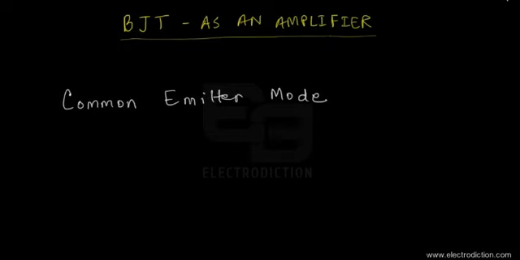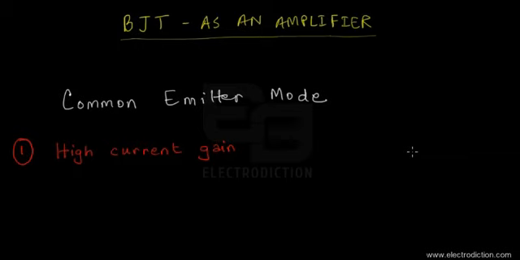Reason number one. The common emitter mode provides a high amount of current gain, which means that if you apply a signal at the BJT's input, then you'd get a larger amount of current. Let's say your signal is quite weak, and you just did the necessary things to forward bias the BJT's emitter junction with a little amount of current.